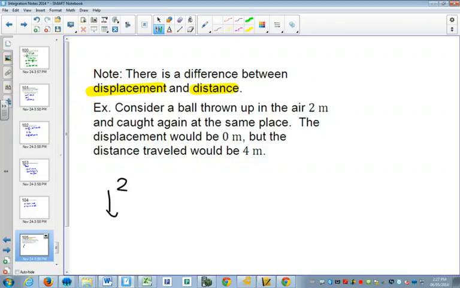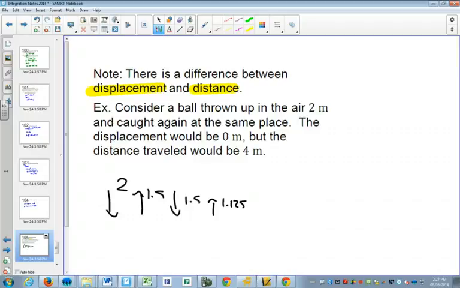So it goes down 2 meters. Then it comes up 75%. You're saying 1.5 meters. Then it goes down 1.5 meters. Then it comes up 75% of 1.5. 1.125. Is that right? 0.75 times 1.5. Is that right?